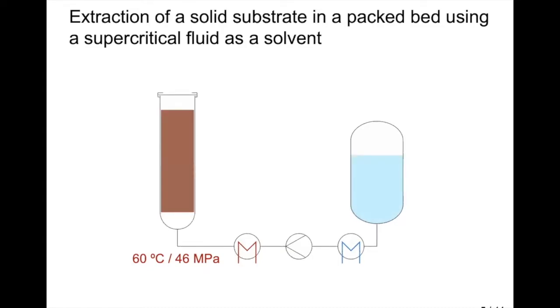The CO2 stream exiting the extraction vessel with the solubilized oil is decompressed and heated to adjust the conditions in the separator, 40 degrees Celsius and 100 bar, where the oil precipitates out. At these conditions, CO2 has very limited solvent power.